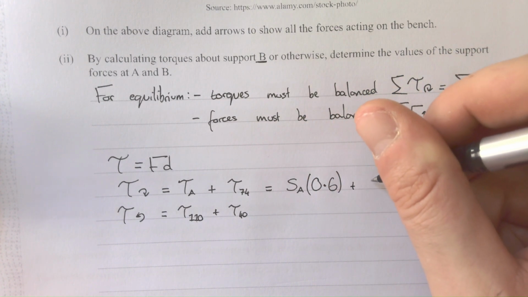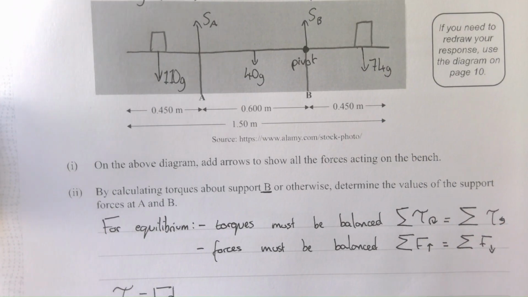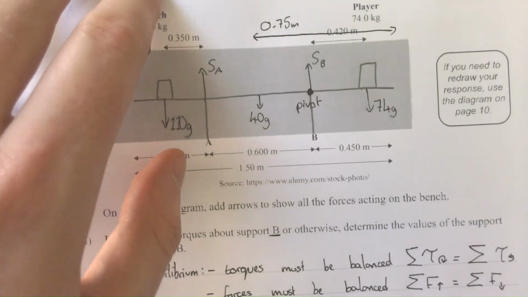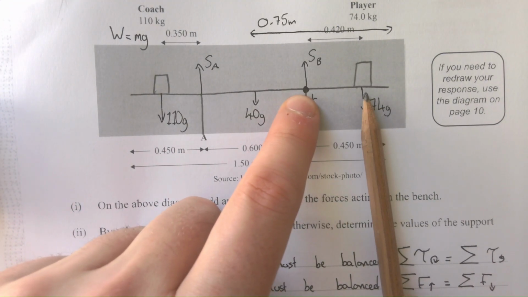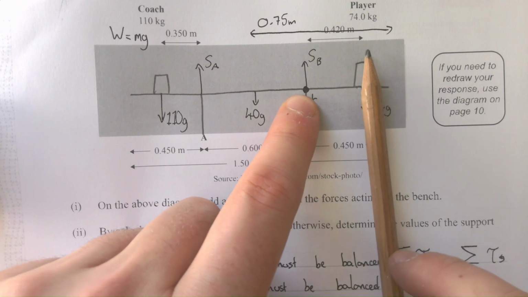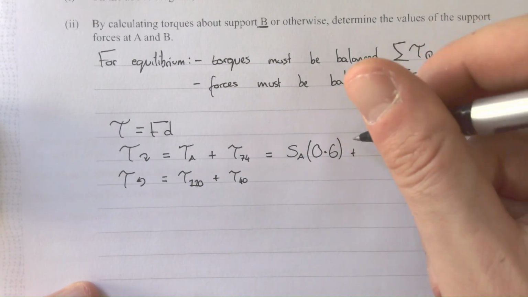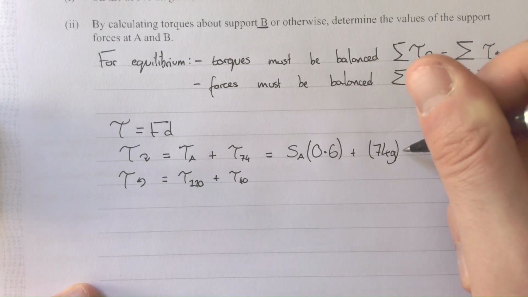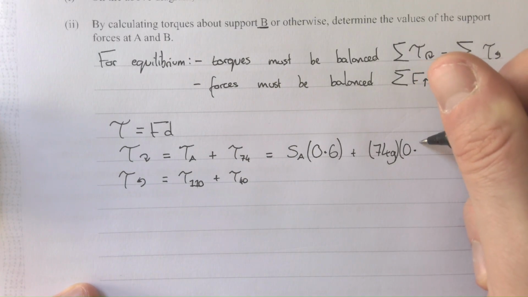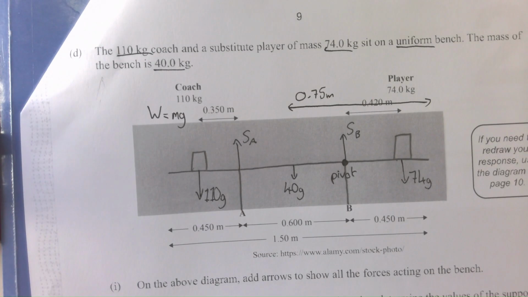And my torque due to the 74 kilogram person, if we look here, our pivot point is here, our 74 kg person is acting here, which is 0.42 meters away. My mass was 74 lots of G, my distance 0.42.